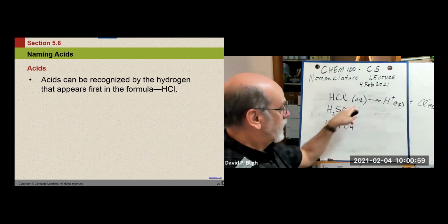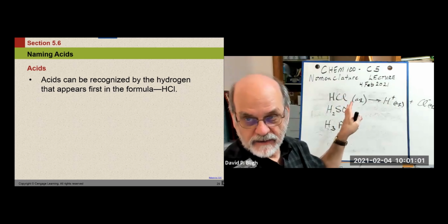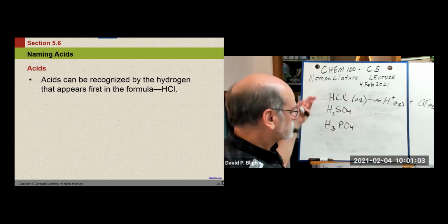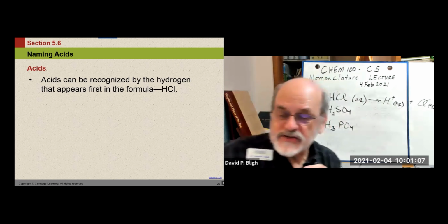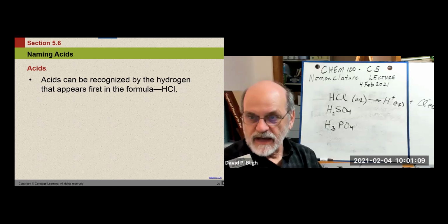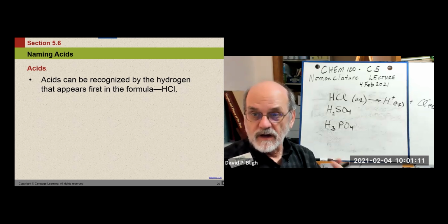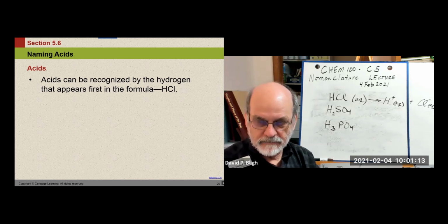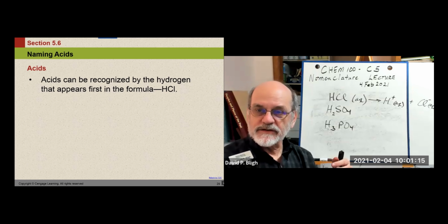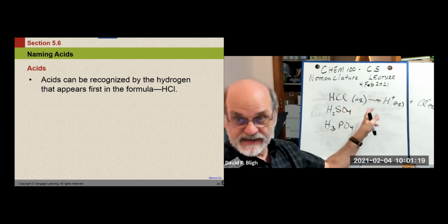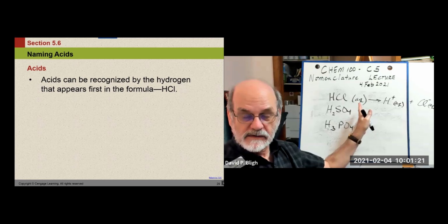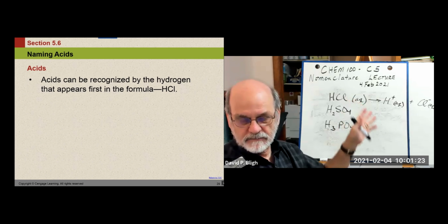Okay? Only when you put it in water does it do that. If it's not in water, then HCl is a gas, and we name it with the convention hydrogen chloride. But when it's in water, it makes this acidic solution, and we give it another name.